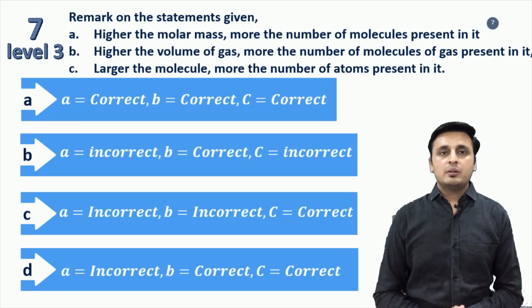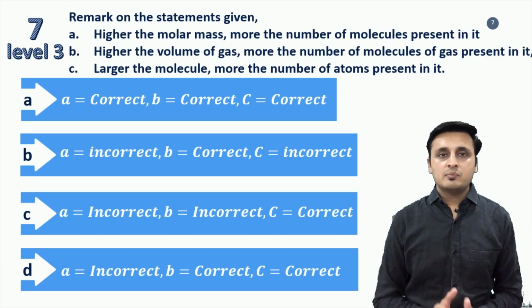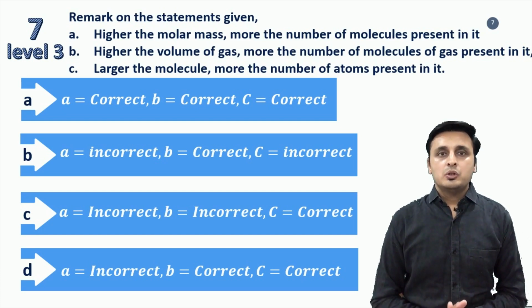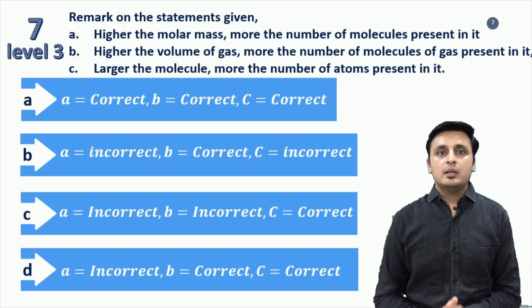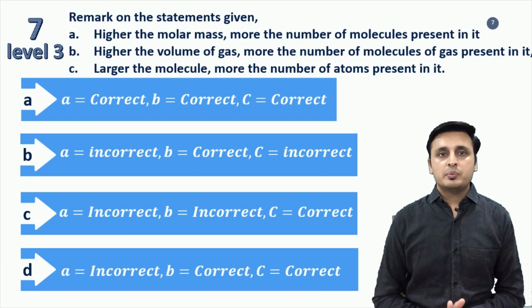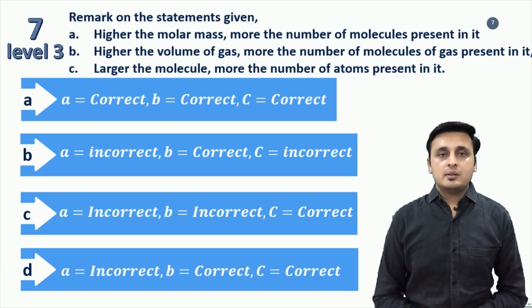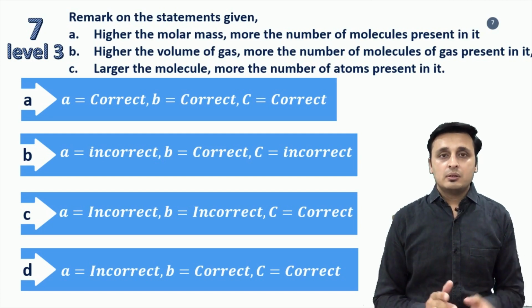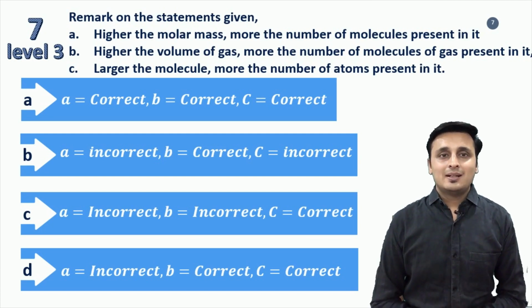Say for example, water has molar mass 18 gram and calcium carbonate has molar mass 100 gram. So if we count the mole of both of them, they will be 1 mole, and accordingly Avogadro number of molecules is present in both. So higher the molar mass does not actually represent the number of molecules. So statement A is an incorrect statement.